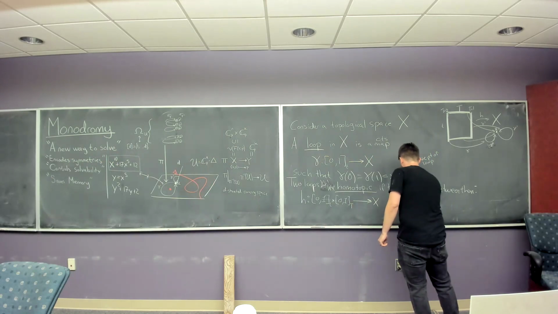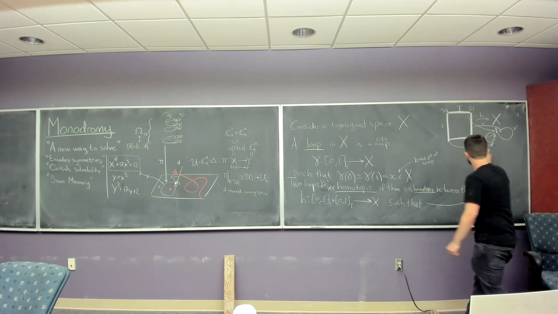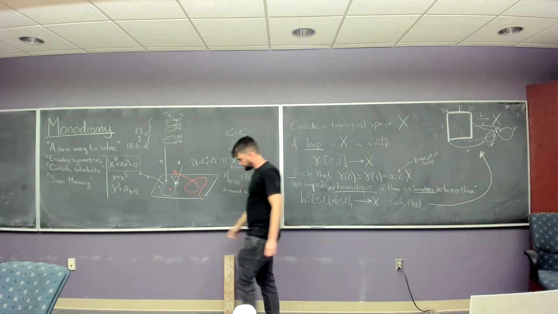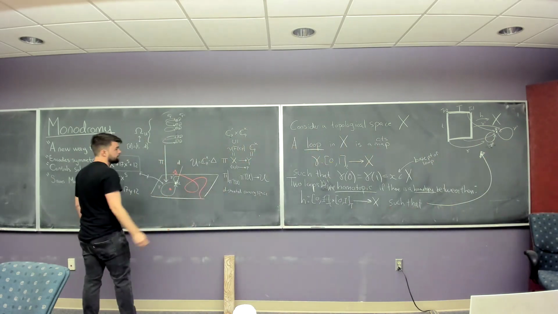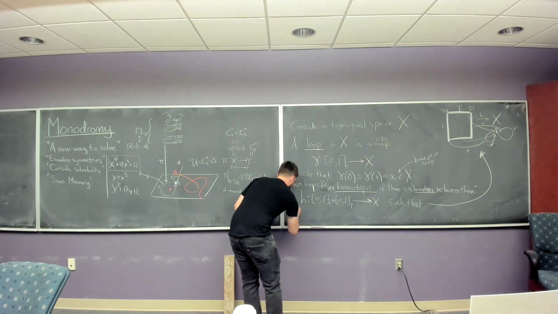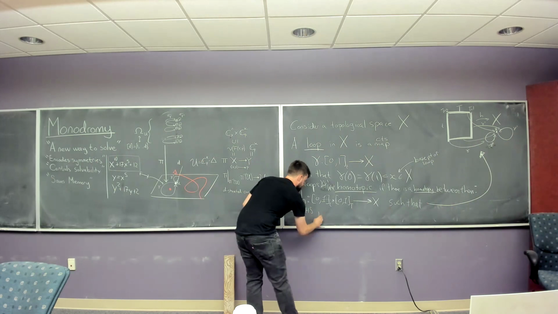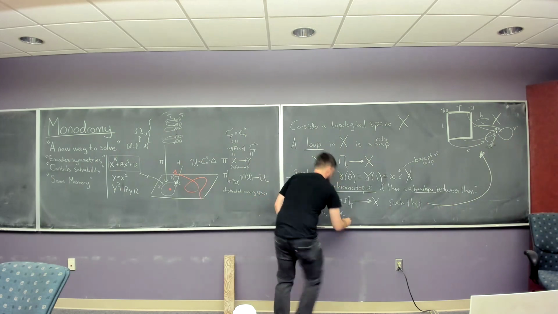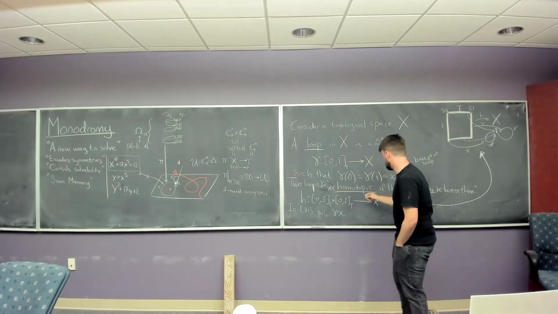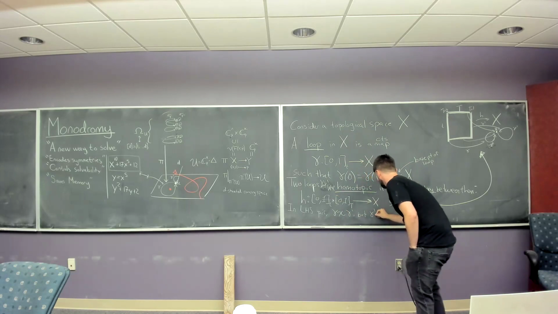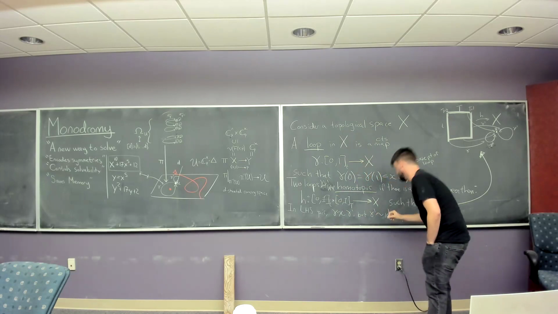So in the left-hand side picture, gamma is not homotopic to gamma prime, but gamma prime is homotopic to the identity.